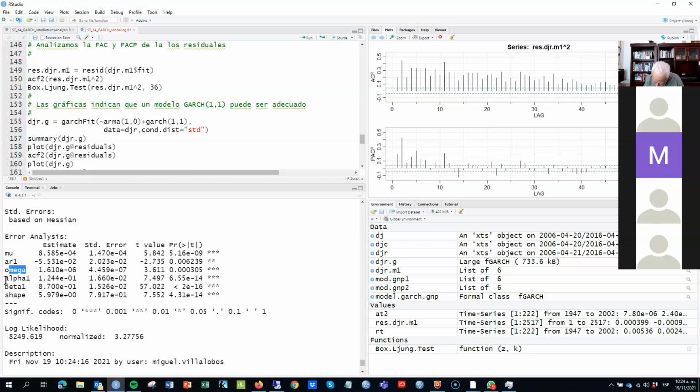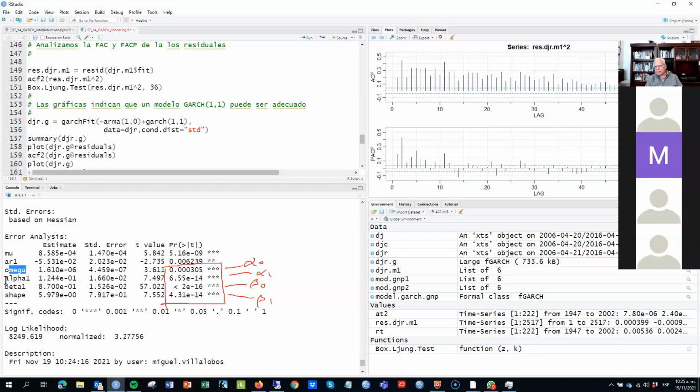Omega is alpha 0. Alpha 1, that's alpha 1. Then beta 1 is beta 0, and this is beta 1. And these p-values have to be divided by 2. We don't have to worry about that because they're very small, right? But the actual p-value is those p-values divided by 2. So all the parameters turned out to be significant.